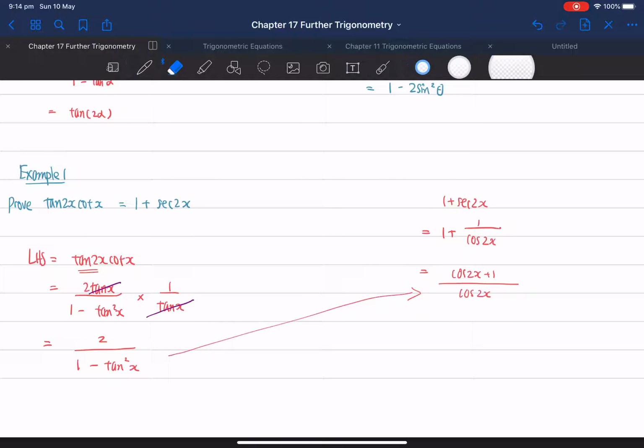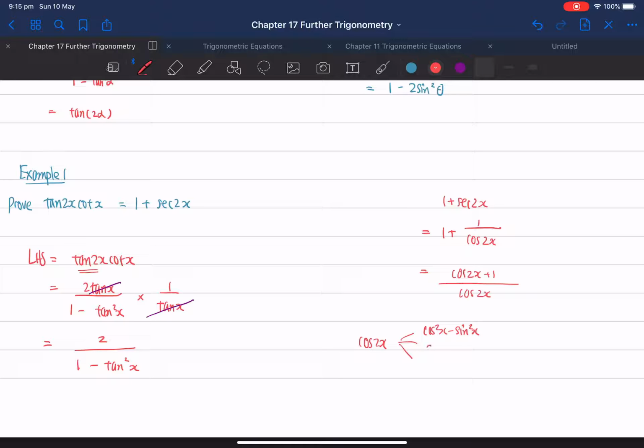Now, the idea here is to start thinking about why there's a 2 here and how do I get rid of the 2? That's the problem. Do you remember previously I said to you guys, for cosine 2x, you have 3 different formulas you can use to prove it? The first one is cosine square x minus sine square x.